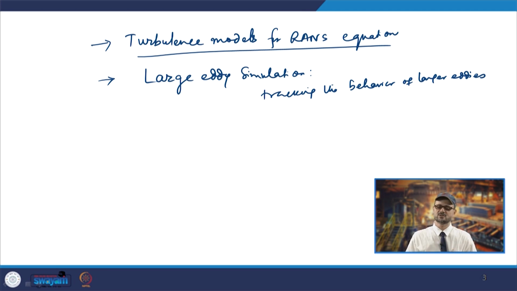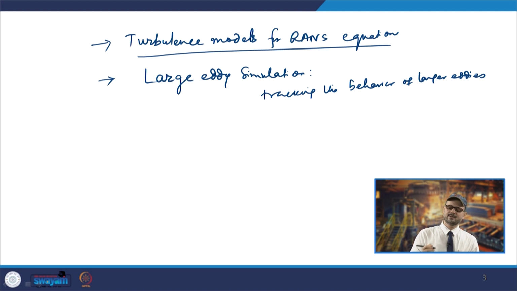You will be seeing the large eddies and the smaller eddies, and the larger eddies will be passed and the smaller eddies will be rejected, and then further these smaller eddies are also included using the subgrid scale modeling. In this case the computational resource, or volume of calculation, is more than what we do using turbulence models like K epsilon.